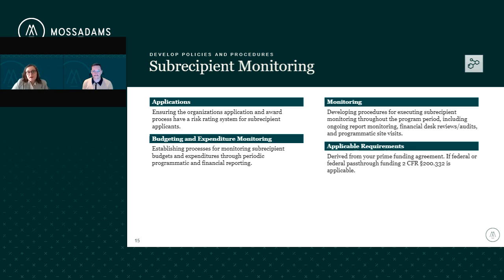So depending on the organizations that you're working with, you may be working with smaller organizations that may not have as many resources to report on time or report thoroughly, and that may be an opportunity for your organization to support them through the reporting process. And that's something that can be identified really early on in that application process.